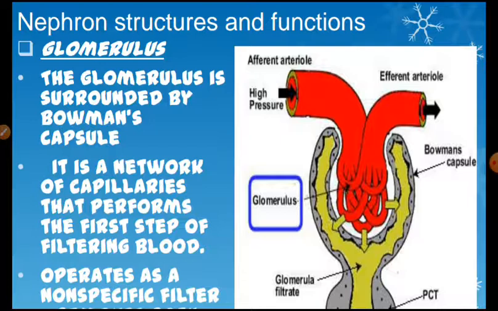These two arterioles are blood vessels, and the afferent arteriole breaks up into 50 capillary loops and forms the glomerular tuft which lies within the double-walled sac-like Bowman's capsule.